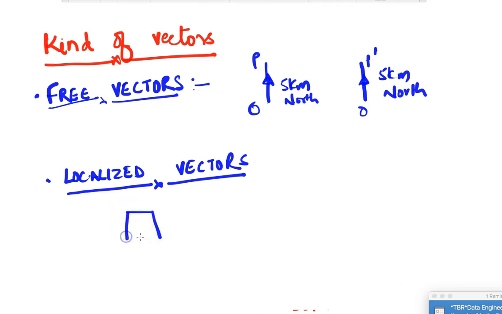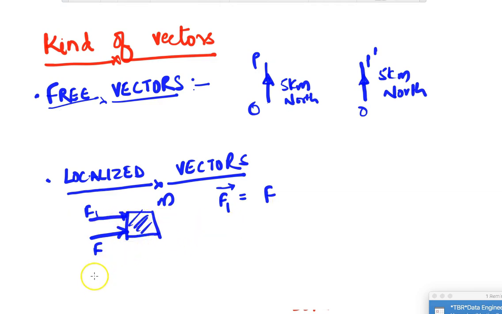You have, say, a mass m, you apply a force F. You apply the same force F1 at the top of this mass, right? Now F1 is equal to F, as it has the same magnitude and the same direction.